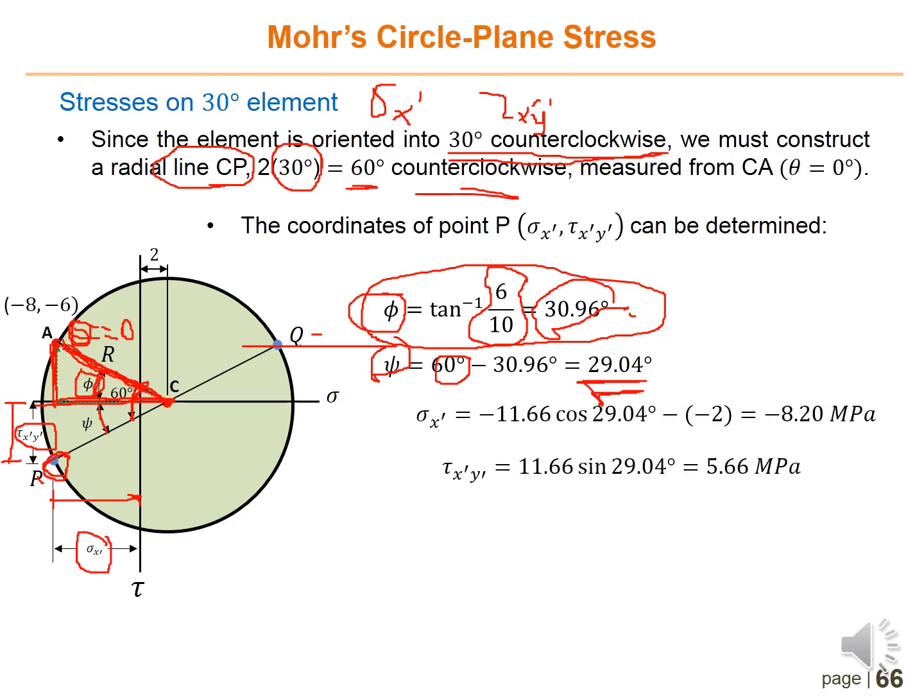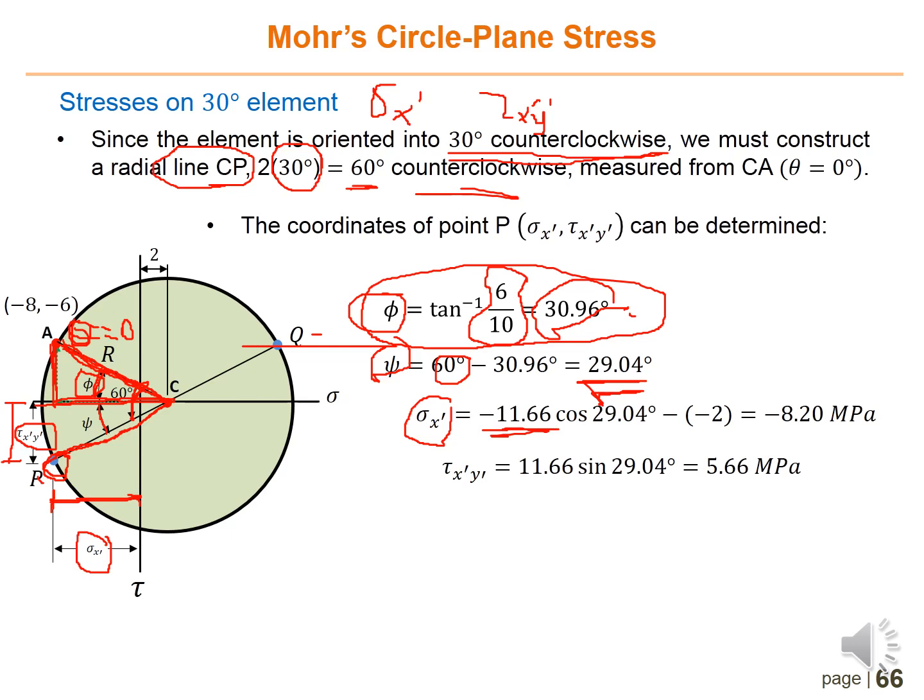Once you have the psi angle, 29.04 degrees, you can determine the coordinates of point P. First, for the horizontal distance, sigma x prime: this one is the radius, right? The radius is equal to 11.66.